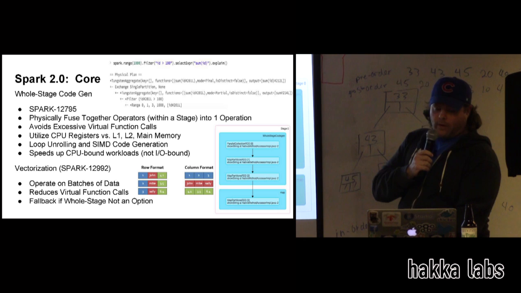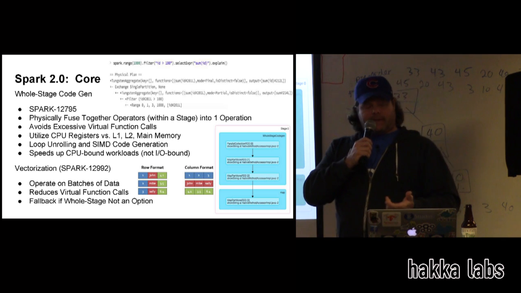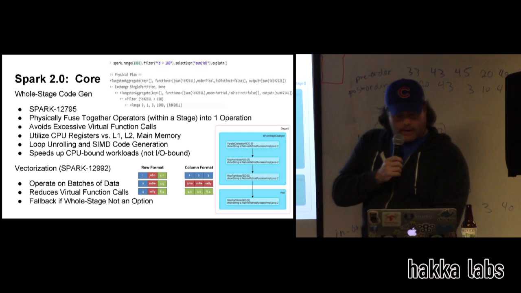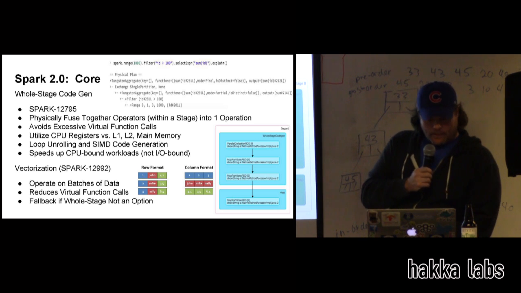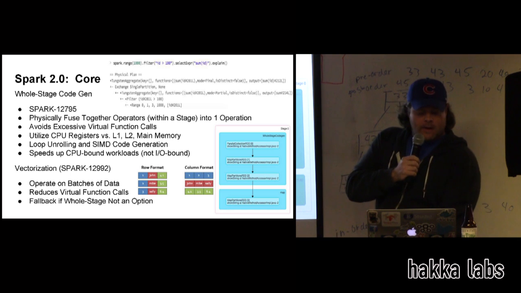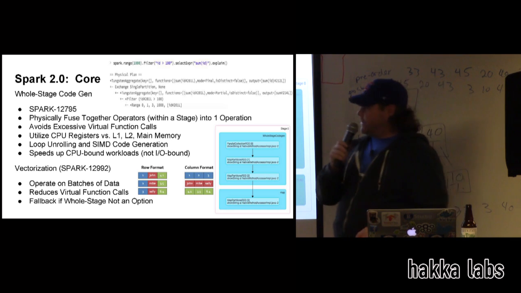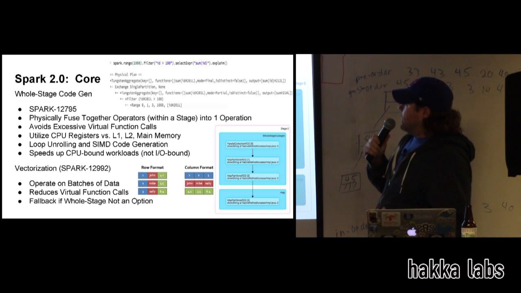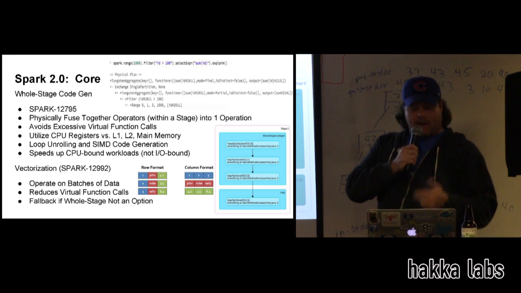The whole LLVM thing was kind of hot maybe 6 months ago, and that's kind of fallen off the Spark plan. Of course, all this stuff speeds up CPU-bound workloads, not necessarily I/O-bound workloads. I mentioned vectorization. That's basically piling as much data in as possible, not doing it per record kind of thing, right?